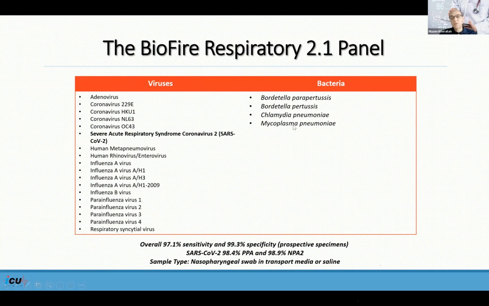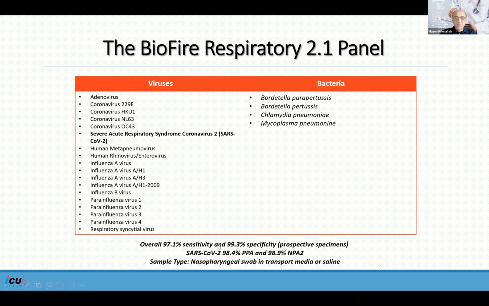Bacteria would include Bordetella, whether it's parapertussis or pertussis, Chlamydia pneumoniae, and Mycoplasma pneumoniae. Of course, you're lacking Legionella here. It is only on the lower respiratory tract panel.